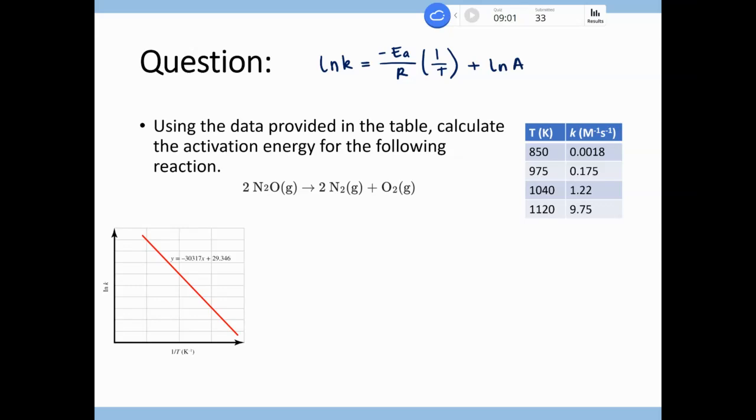So the slope, which is negative activation energy over R, is equal to negative 30317.